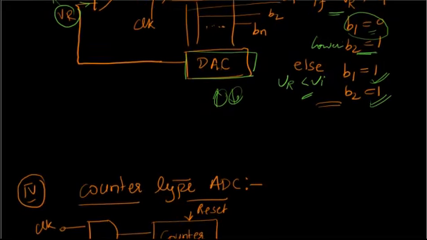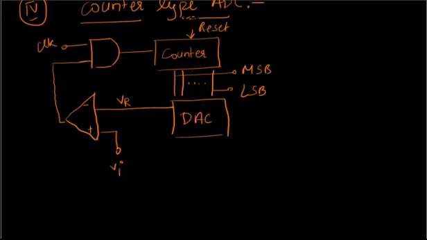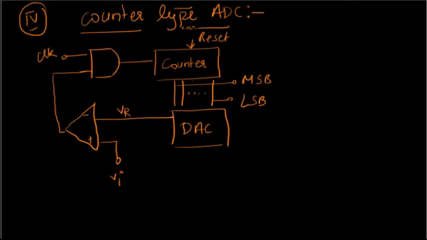Next one we'll discuss is the counter type ADC. Now here what happens is, this is even more simple. Here the counter is initially reset, so the value will be all zeros. Now when you convert, here also we are using a DAC, so this VR will be equal to 0 initially anyway, so this Vi will be more.